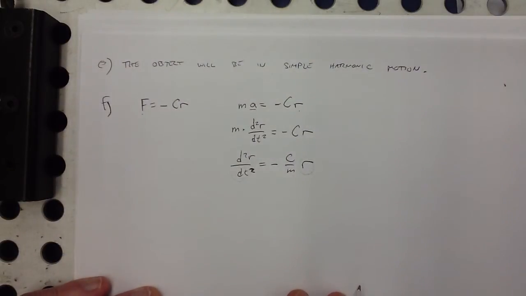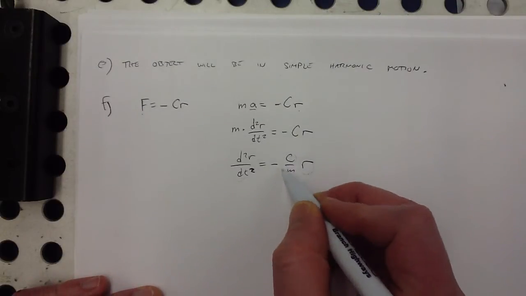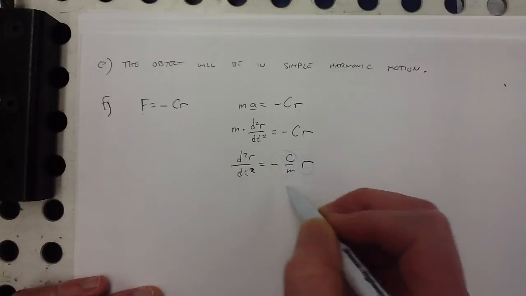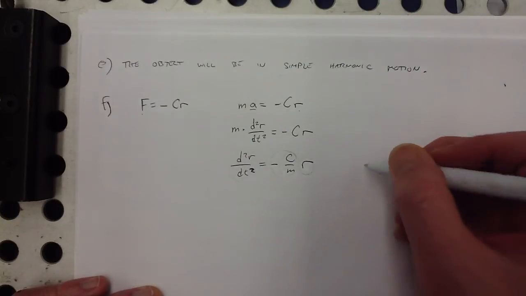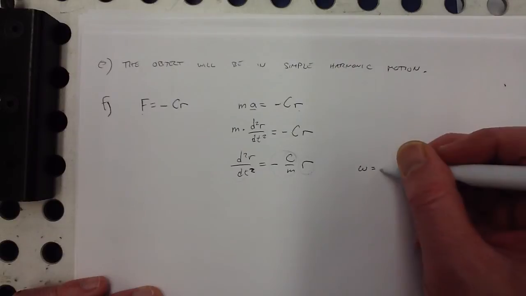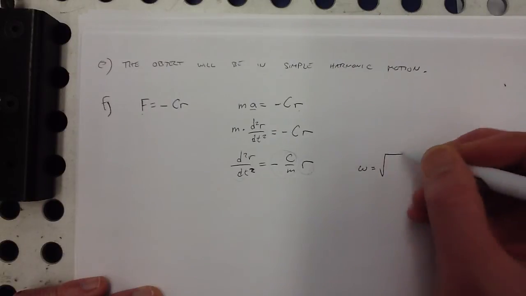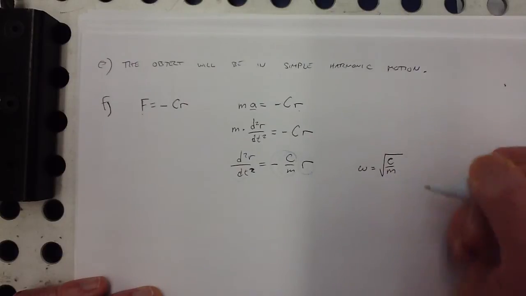So there are a couple more tricks here that we can use. It turns out that this thing here, the square root of this, is equal to what we call omega, which is the angular frequency, which is that.